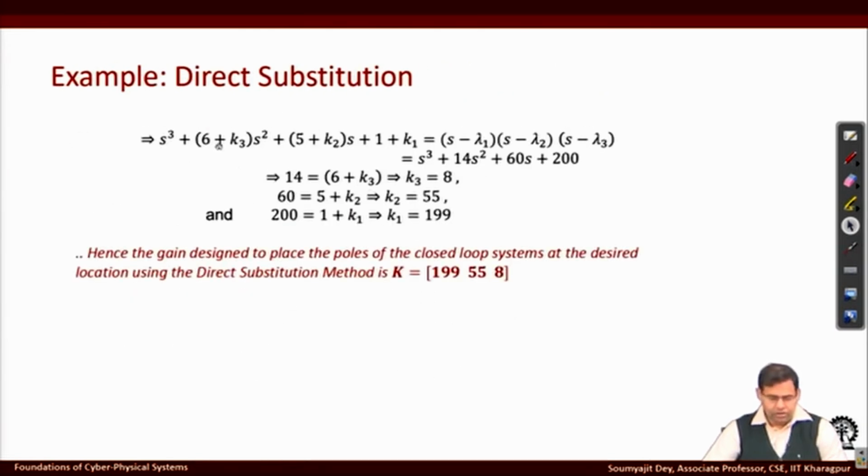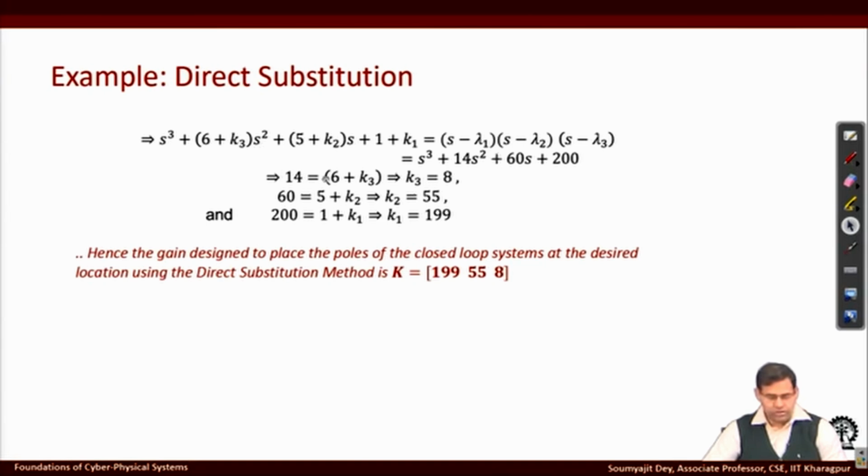They must be equal, and if they have to be equal, the coefficients of the different polynomial terms in s must be the same, they must be equated. So the s cube coefficient must match like this. For example, you must have 14 equal to the coefficient of s square, because here 14 is the coefficient of s square.